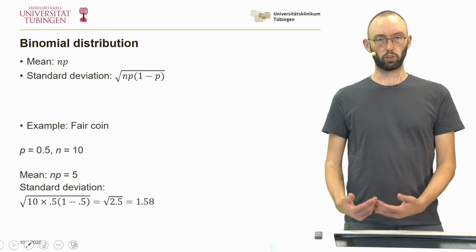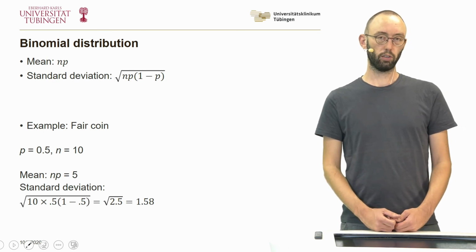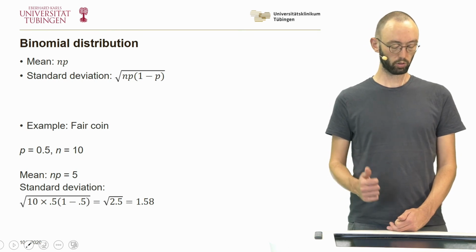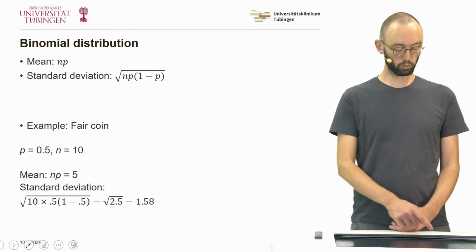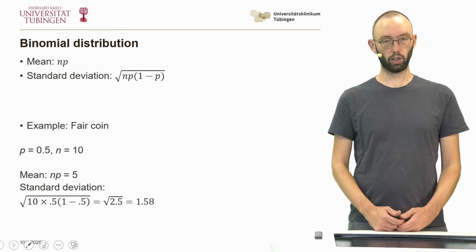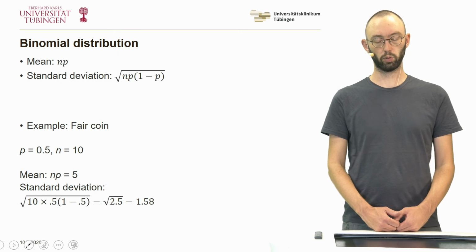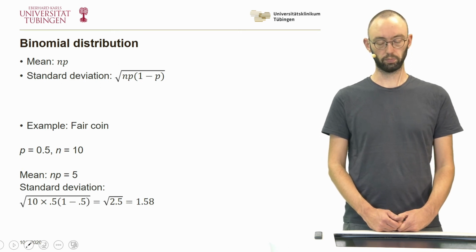So on average, you would expect 5 heads to show up in your 10 repeated coin tosses. The standard deviation would be the square root of 10 times 0.5 times 1 minus 0.5, so square root of 2.5, which is 1.58.